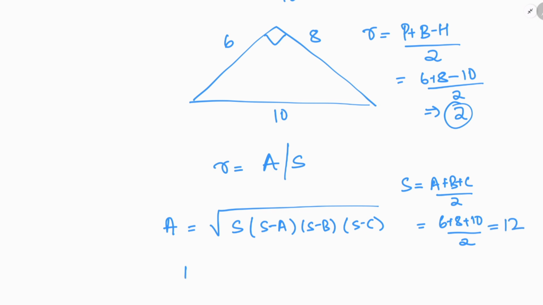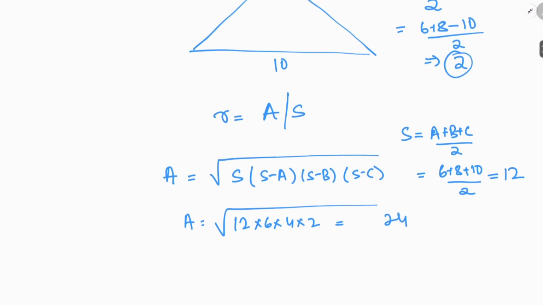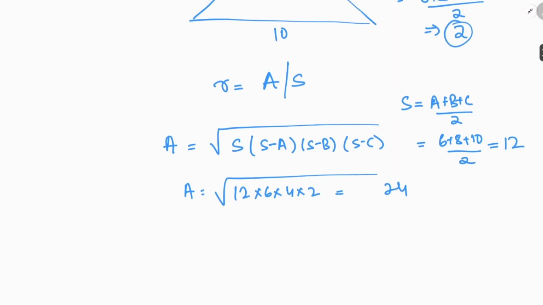If you calculate it, it is 24 by 2, that is equal to 12. So the area is equal to the square root of 12 into (12 minus 6), that is 6, into (12 minus 8), that is 4, into (12 minus 10), that is 2, and if you calculate it, it is coming as 24. So the area of this triangle is 24 and the semi-perimeter is 12. So the inradius is equal to 24 by 12, and again we are getting the inradius as 2.